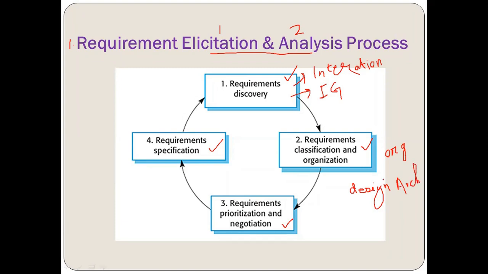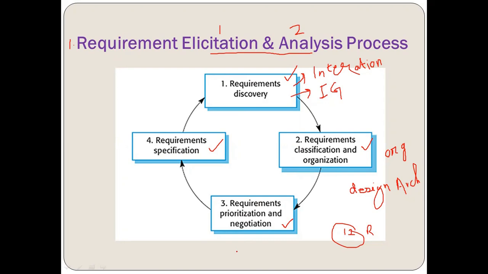Now, third step says requirement prioritization and negotiation. Let's say we have 12 functionalities or requirements which are to be included. Out of these 12, we need to prioritize the requirements: which one has the higher priority and which one has the lower priority, so that the requirements with higher priority can be given more focus and time as compared to those with lower priority.